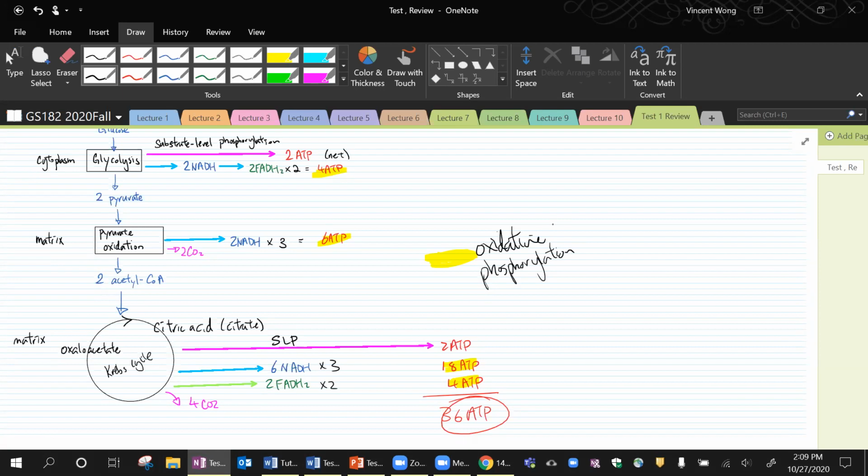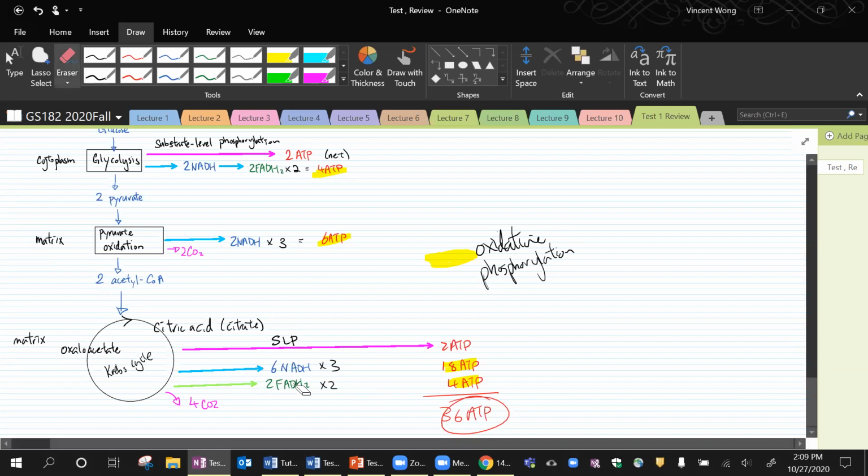We did some questions last tutorial, where the question is like, if the Krebs cycle spins 3 times, what's the maximum number of ATPs that can be produced from that? And we have to calculate it using the NADH and FADH2. So please go through those again.